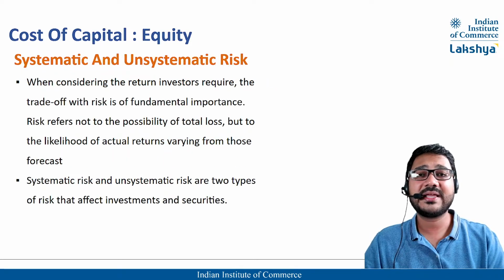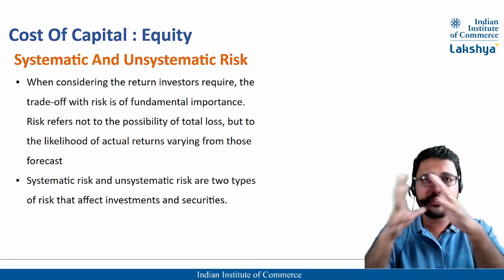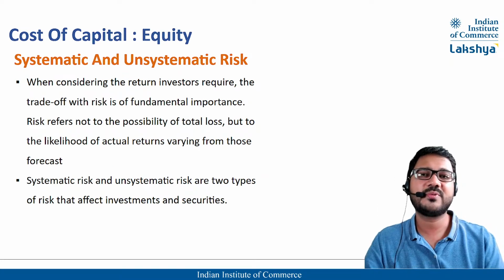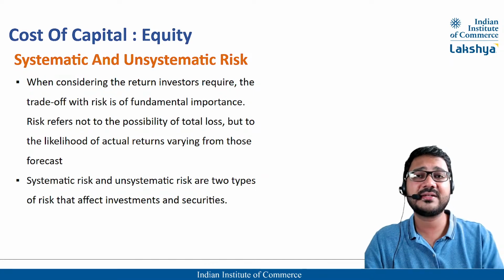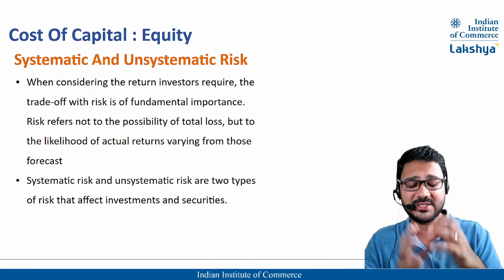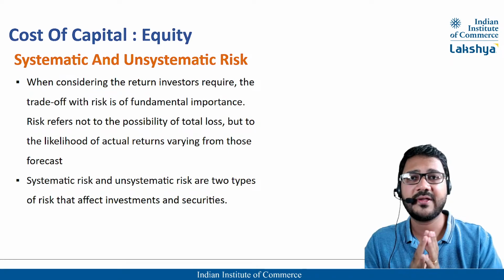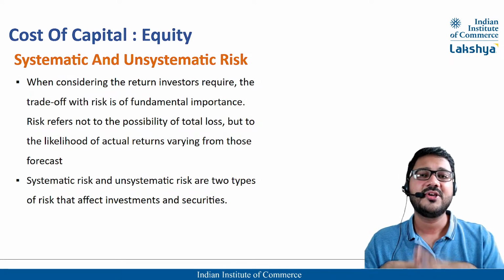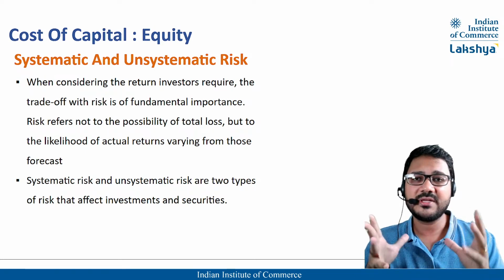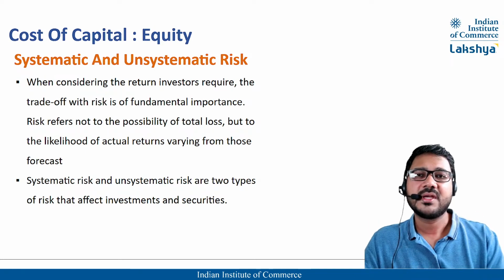Now, systematic and unsystematic risk. So broadly, there are two types of risk. One is systematic and the other one is unsystematic. Systematic risk, as the word suggests, is built in the system. Systematic risk is the risk that will affect the entire market, or maybe even an entire sector.